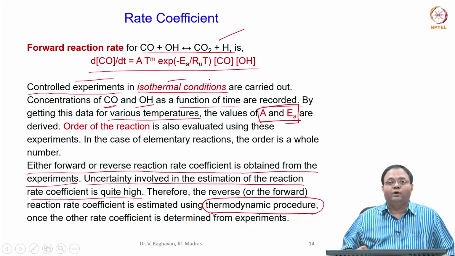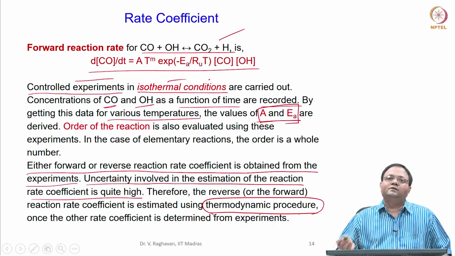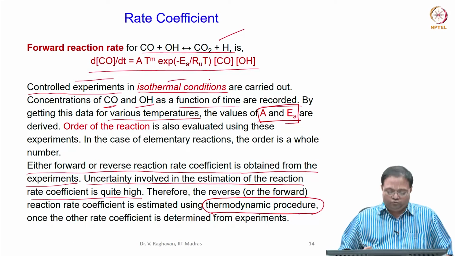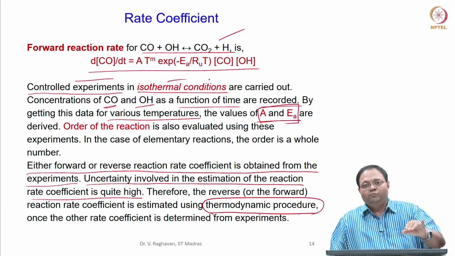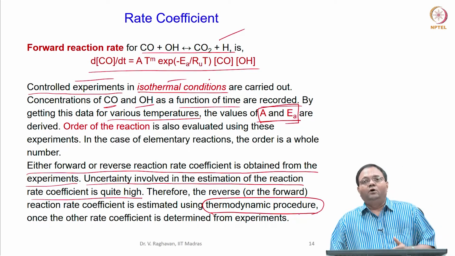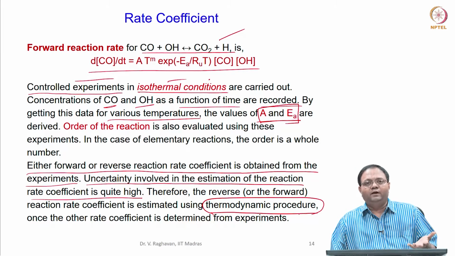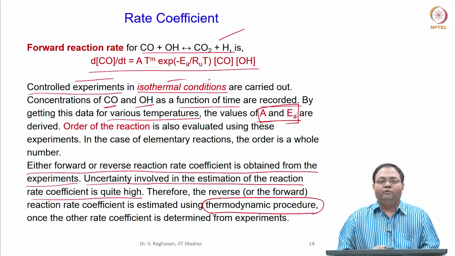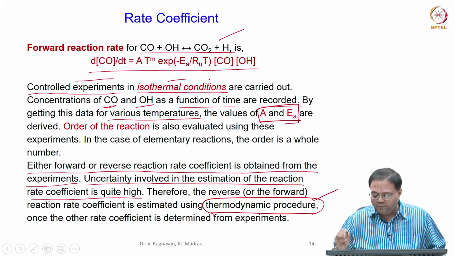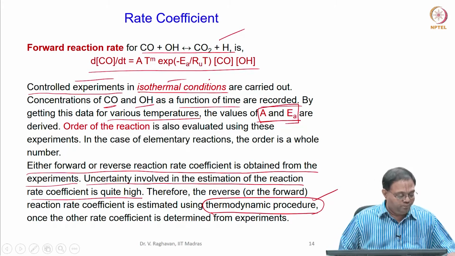I will calculate the equilibrium constant and get the value of the reverse reaction rate. So that is the next step we are going to do. Once you get the forward reaction rate from careful experiments, but with higher uncertainty, I will not repeat that for determining the reverse reaction rate. For the reverse reaction rate, I will use thermodynamic concepts. How?